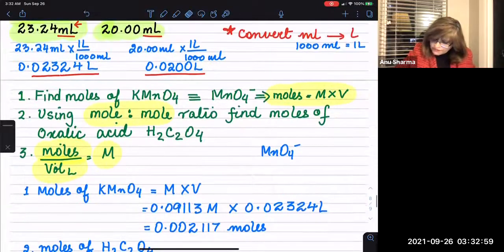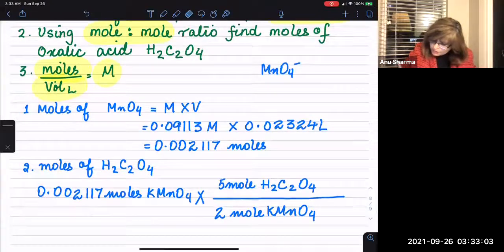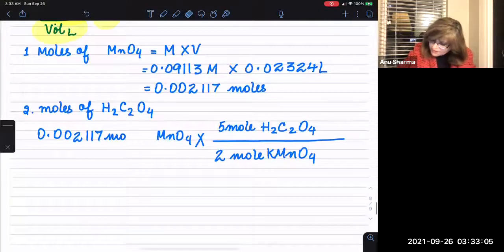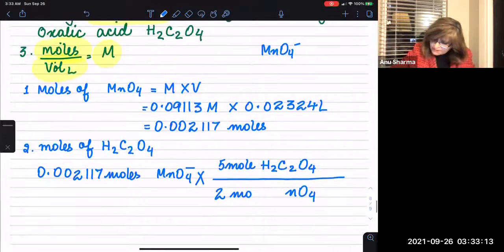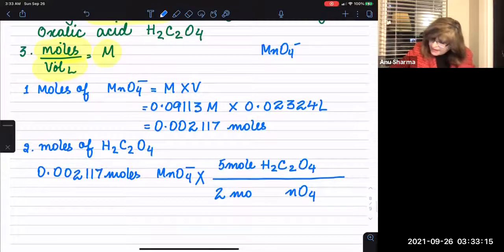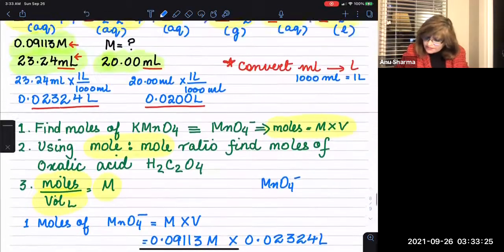It's best just to put it as MnO4 negative, moles of MnO4 negative over moles of MnO4 negative, because that's what you see in the reaction.